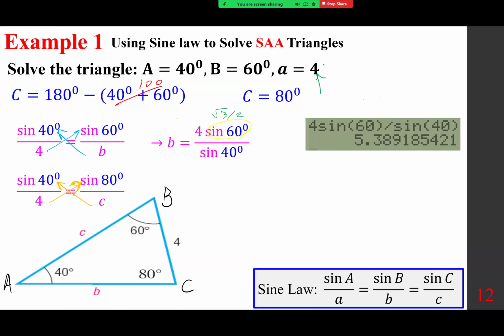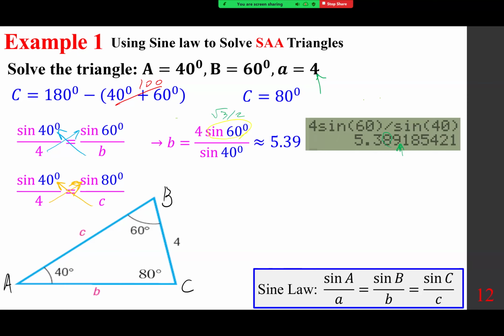Most of the time you go with only 1 decimal, but follow the instructions. So let's say we want to go with 2 decimals. We change it to 5.39. That's an approximation.